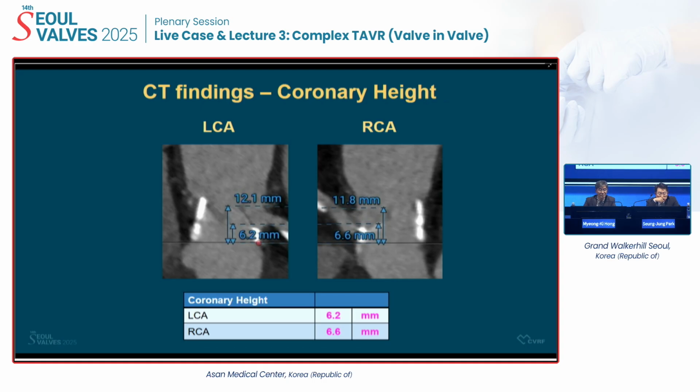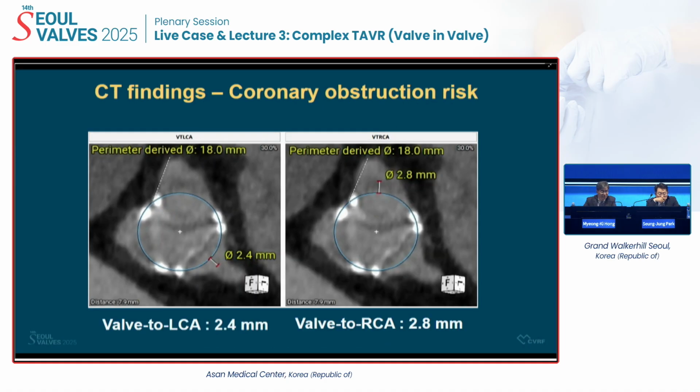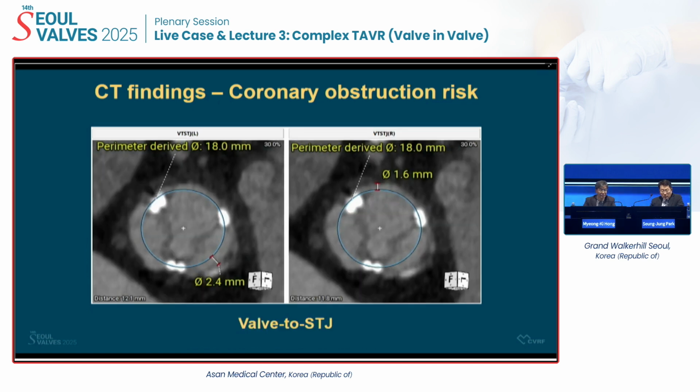This is additional analysis for coronary obstruction risk. The valve to left coronary artery distance was 2.4 millimeter, and the valve to right coronary distance was 2.8 millimeters. The valve to STJ distance was from 1.6 millimeters to 2.4 millimeters.